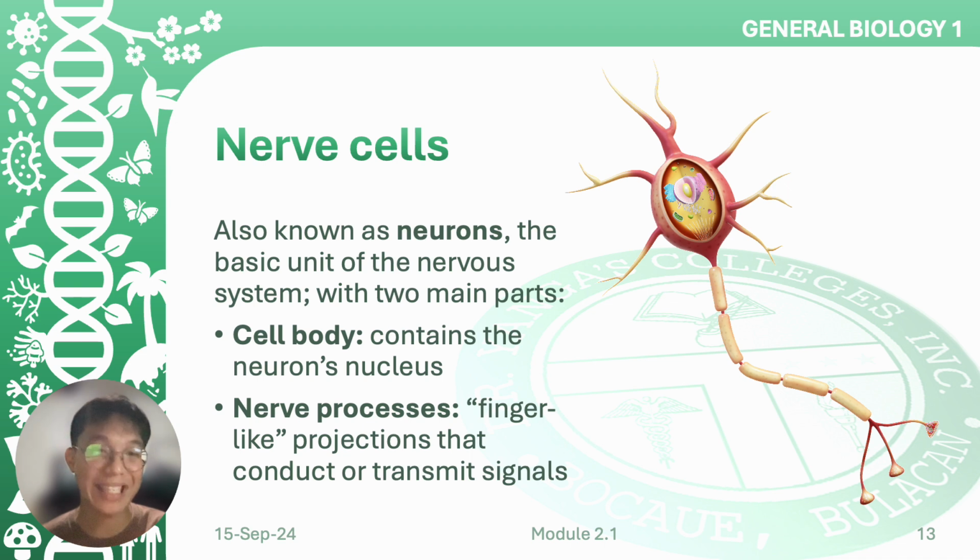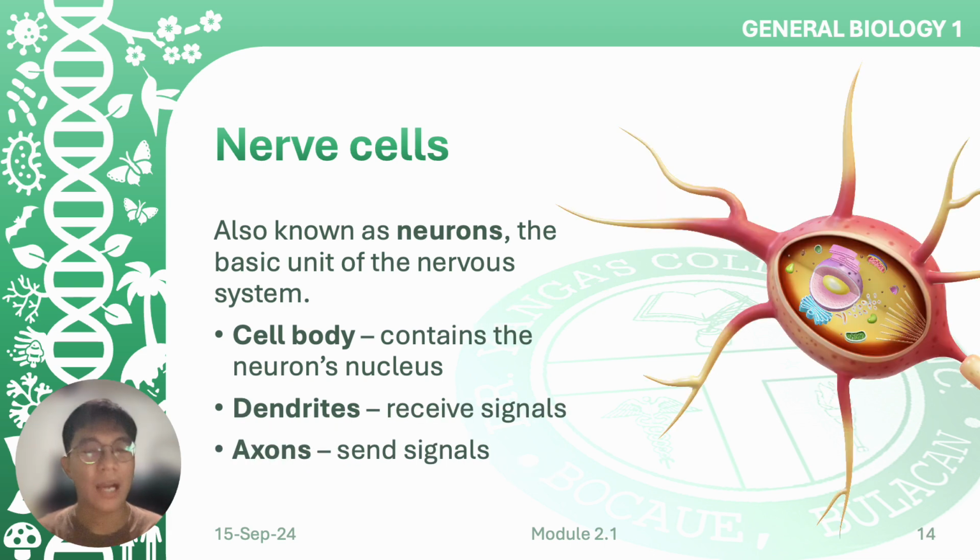The first is a cell body, which contains the nucleus of the neuron, and the nerve processes, or the finger-like projections that conduct or transmit signals from the cell body or to the cell body. So let's see what these structures inside the nerve cells are.